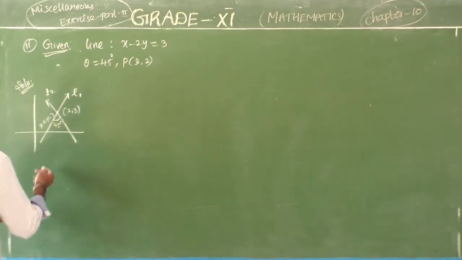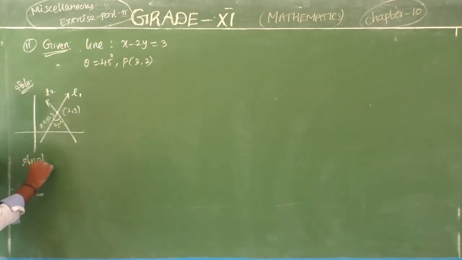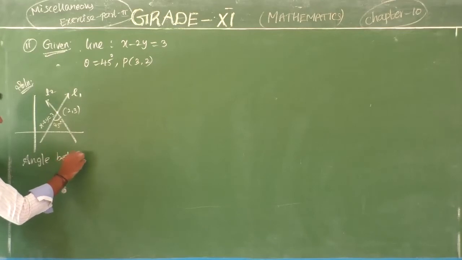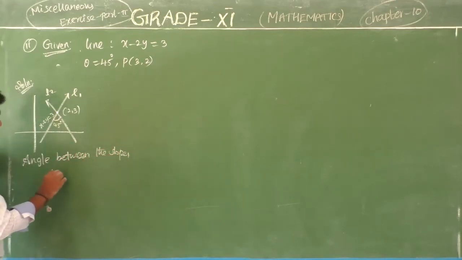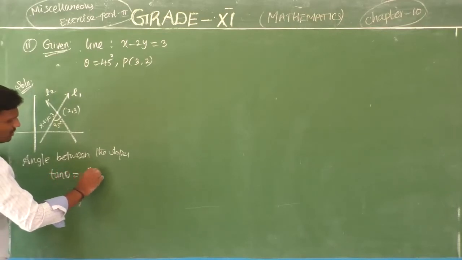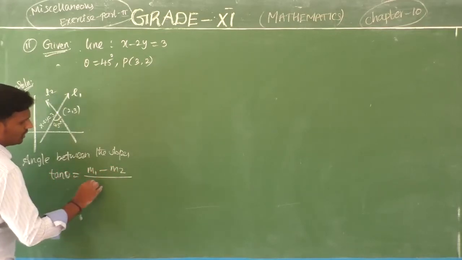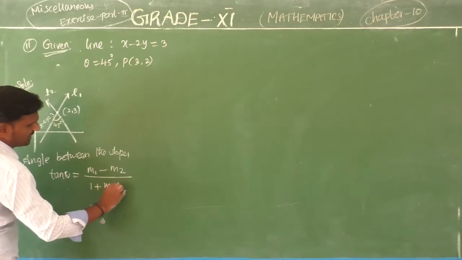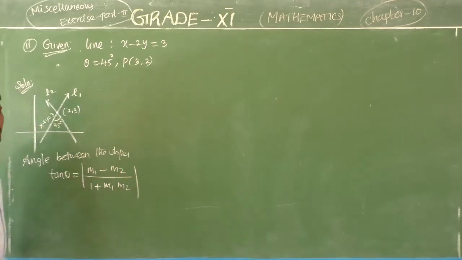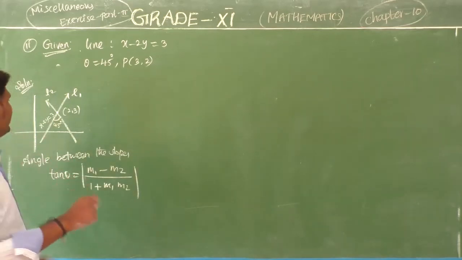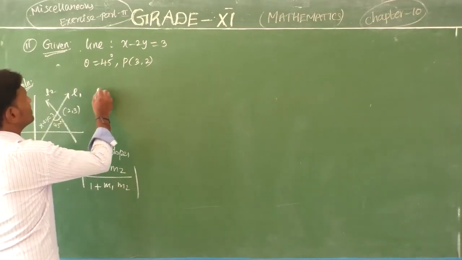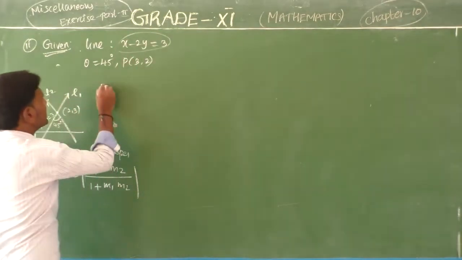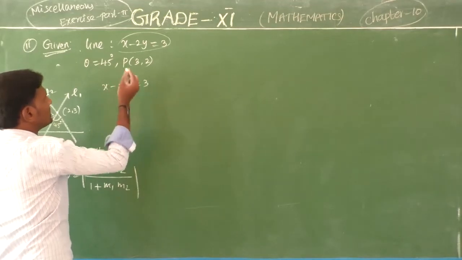So you have an angle between the slopes. You know the formula, what is that? Tan theta is equal to the modulus of m1 minus m2, the whole divided by 1 plus m1m2. Here, the first straight line is x minus 2y equal to 3.